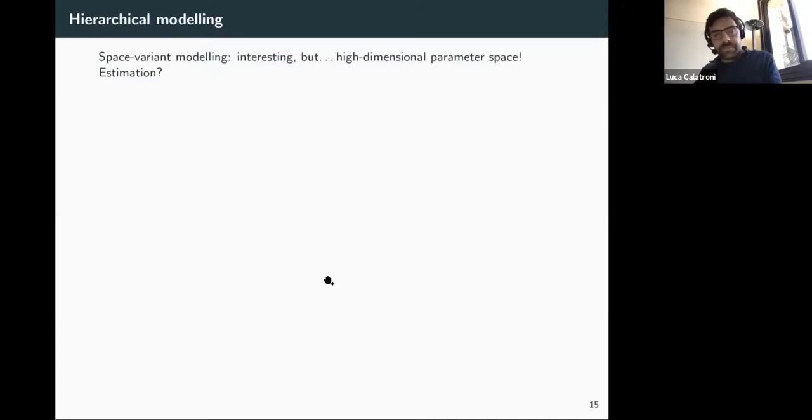Okay, so now I've talked about this hopefully interesting modeling, but I've also highlighted the fact that it depends on parameters in a very high dimensional space, because for each pixel I'm thinking of describing local features with up to 4 parameters. So how do we estimate those parameters?